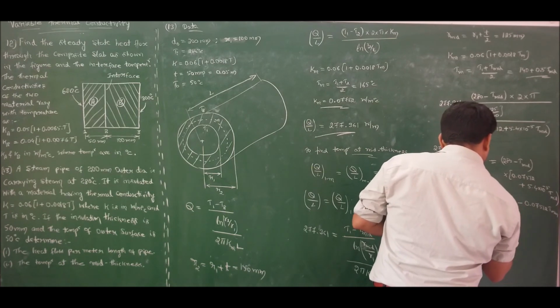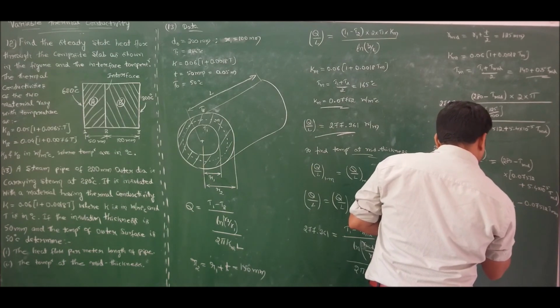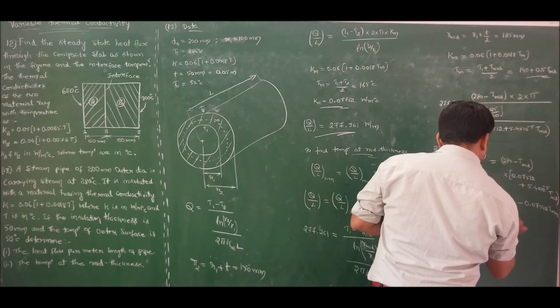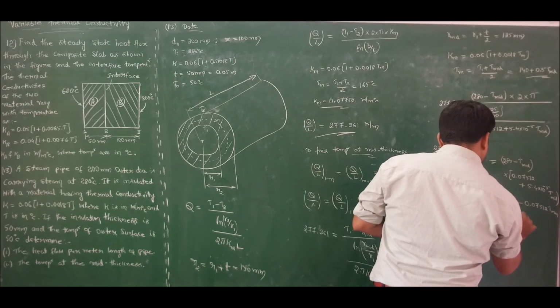Plus into minus is minus 5.4 into 10 to the power of minus 5 T mid square.